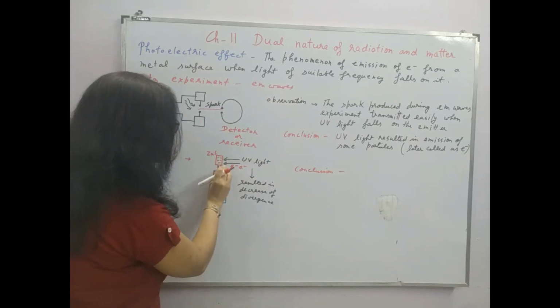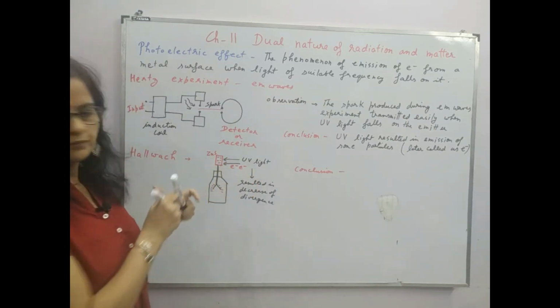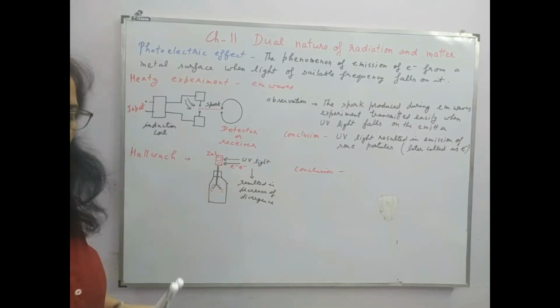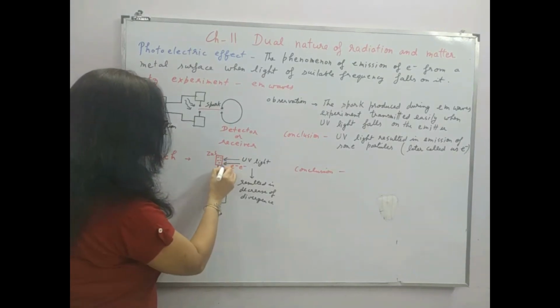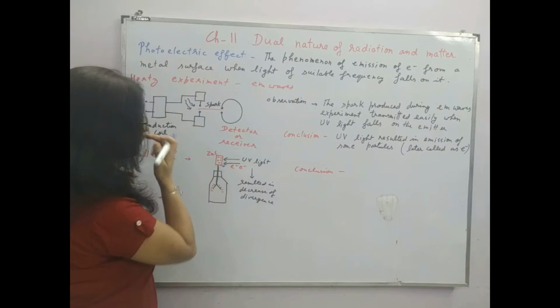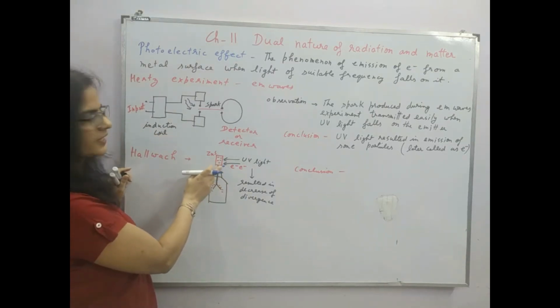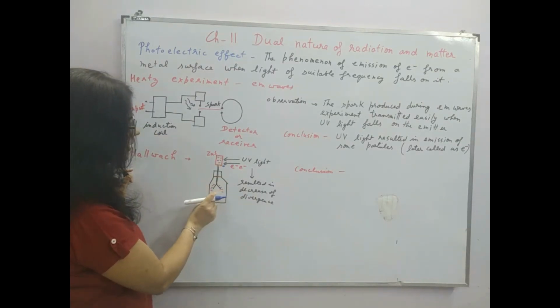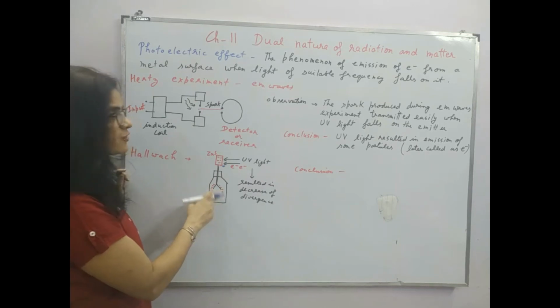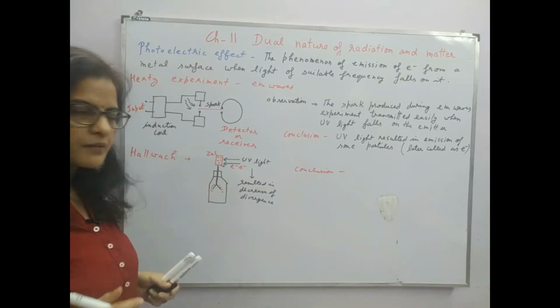If negative charge is moving away from here, a corresponding positive charge will be produced here, which will nullify some of the negative charge. So the amount of negative charge will decrease, and the divergence will decrease. There will be less repulsion now.